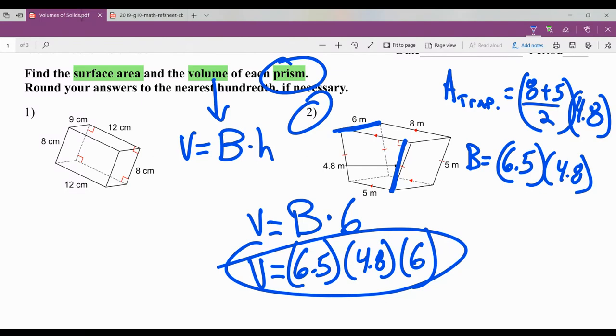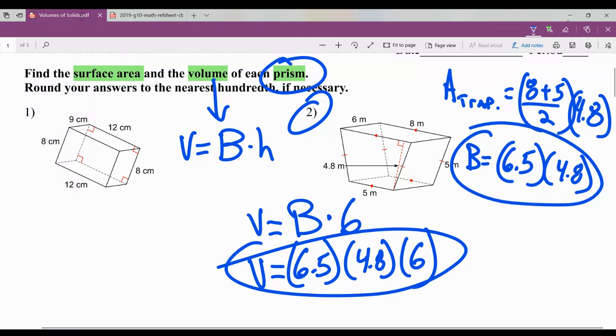If you wanted to find the surface area of this particular prism, well, you'd find the area of each individual face. And we've already found the area of the two trapezoids. The area of the rest of the sides, they're just rectangles. This would be 5 times 6, and there are 2 of those. The bottom and the top are two different size rectangles.